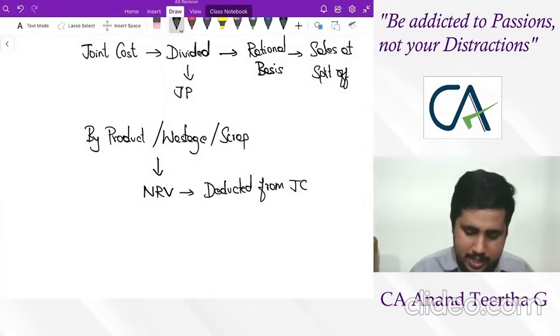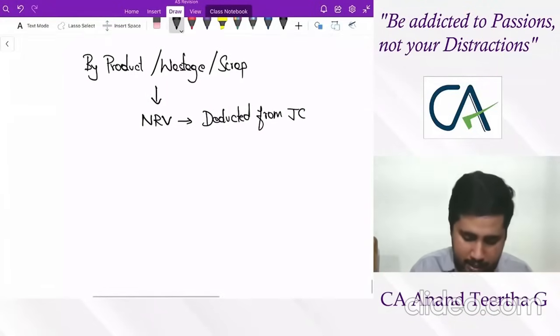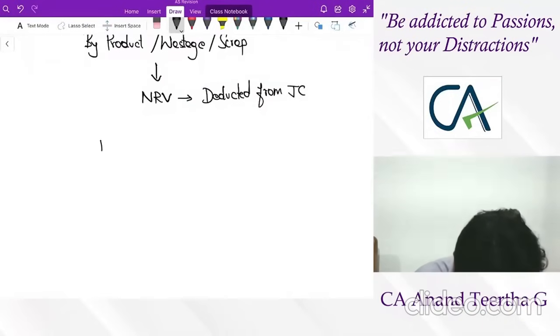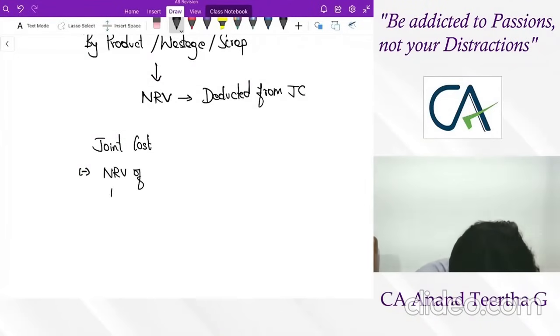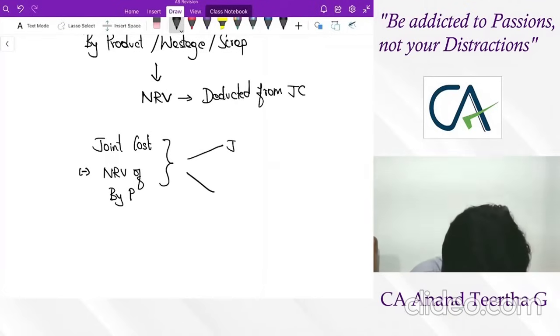To summarize this whole thing, what we learned, I can just show it to you. Say there is joint cost with us. What should we do with this? First, deduct the NRV of the byproduct. The rest will be bifurcated between joint products according to what?